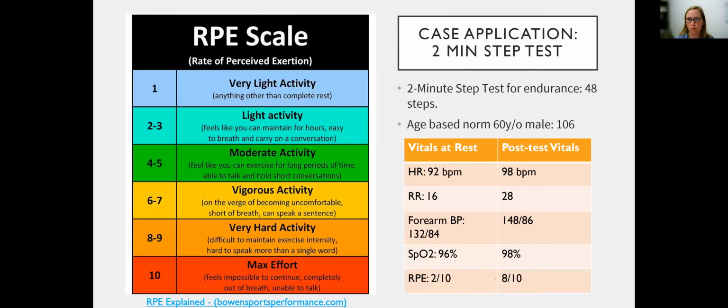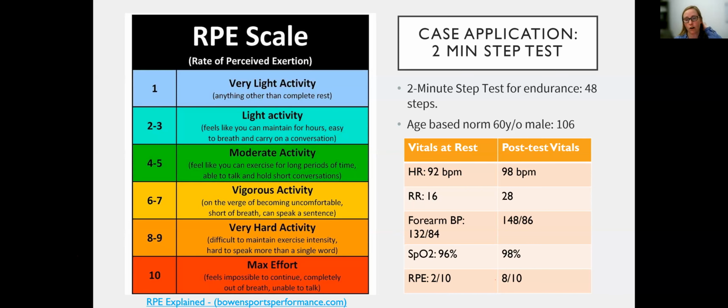When we look at the 2-minute step test for him, he does only 48 steps. For his age-based norm of a 60-year-old male, this should be closer to 106, so he's very lacking in this aspect of endurance. We do want to look at vitals both before and after to look at his cardiovascular tolerance. His heart rate actually does not change a lot. His respiratory rate does go up.